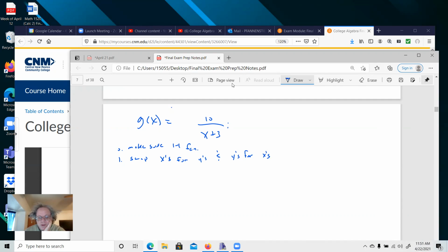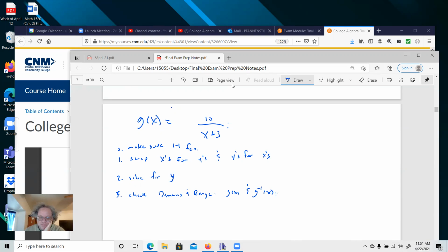We're going to solve for y again, and that's our inverse. We could check domains and range, both of the function and the inverse function.